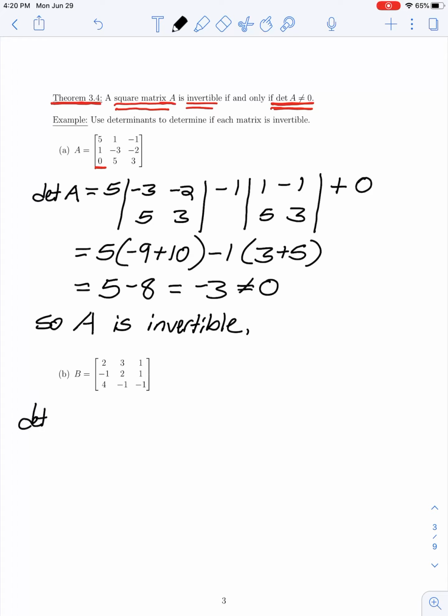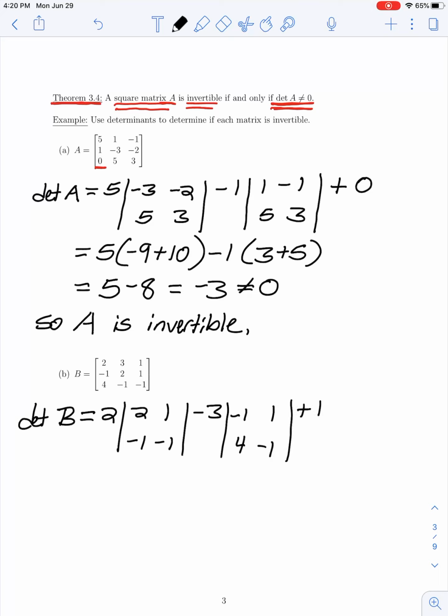So here, the determinant of the matrix B, using a cofactor expansion along the first row, would be 2 times the determinant of 2, 1, -1, -1, minus 3 times the determinant of -1, 1, 4, -1, and then plus 1 times the determinant of -1, 2, 4, -1.